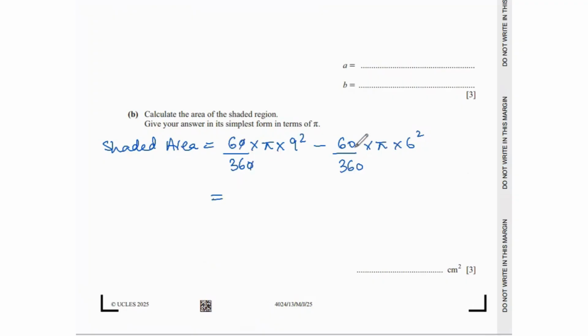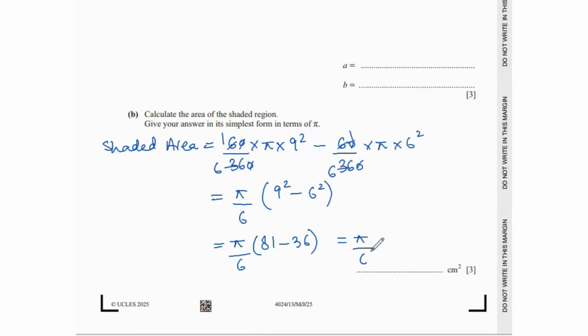The zeros get cancelled out. 6 ones are 6, this becomes 6. Again, 6 ones are 6, this becomes 6. We can easily take pi over 6 common and we're left with 9 squared minus 6 squared inside the bracket. So that's 81 minus 36, which is going to give us 45.